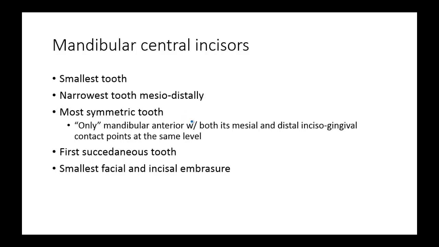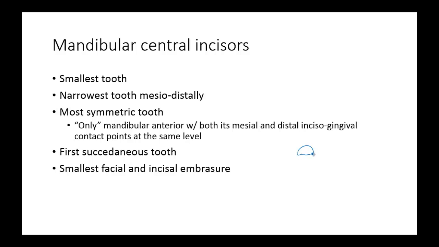So one of the old board questions says, it's the only mandibular anterior with both its mesial and distal incisal gingival contact points at the same level. So even though earlier we said that both the mandibular central and the mandibular lateral had the distal and mesial incisal gingival contacts in the incisal third, the mandibular lateral is going to have the points in two different parts of the incisal third.